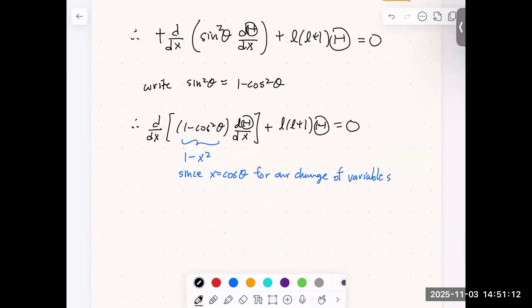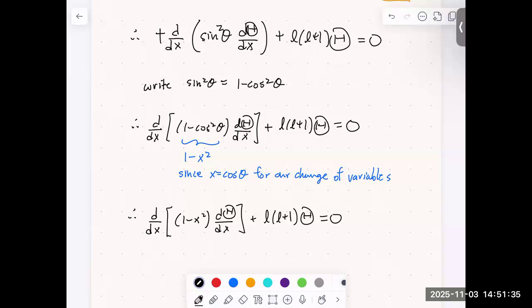So therefore we have, I'll write it out, d by dx of 1 minus x squared d theta dx plus L plus 1 times theta is equal to 0. Okay, so now we're actually going to do the derivative, and it's product rule.